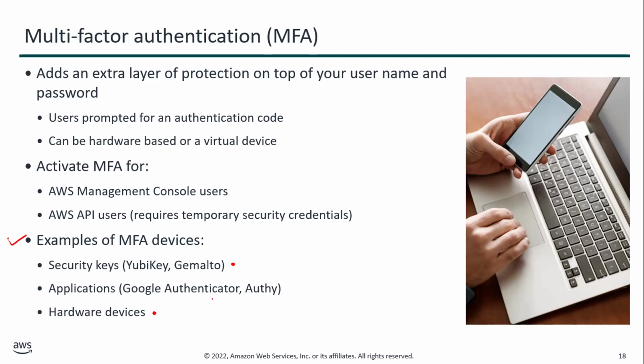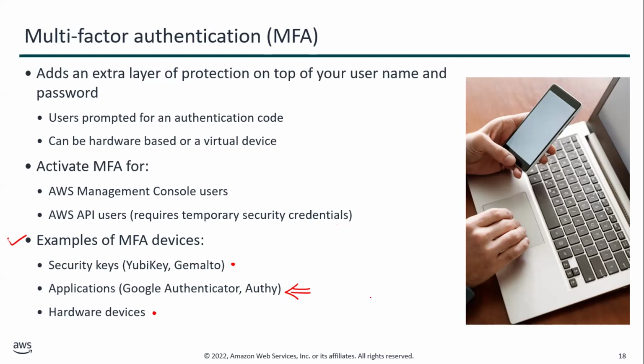And for people like us, or who have small scale businesses, people are using Google Authenticator or Authy. All these are applications. You can install this app in your phone or any mobile device, and once you have set that up, every time you open that app, you will get a random 6-digit code.